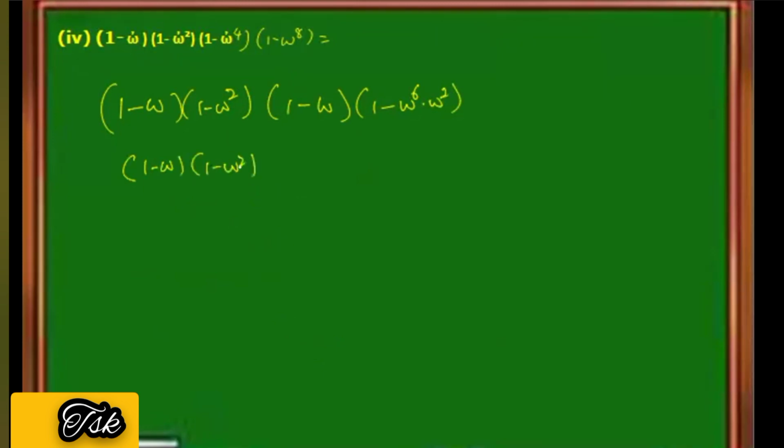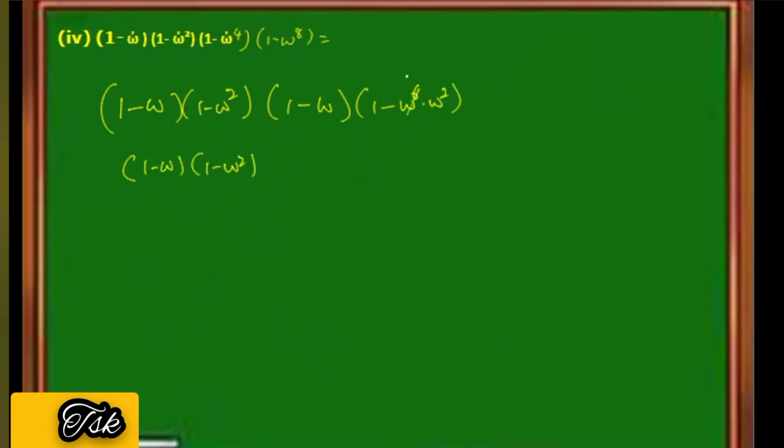What is the value of this? 1 minus omega square. 1 minus omega power 4 can be written as omega. 1 minus omega power 8 can be written as 1 minus omega power 6 into omega square. This becomes 1 minus omega into 1 minus omega square.